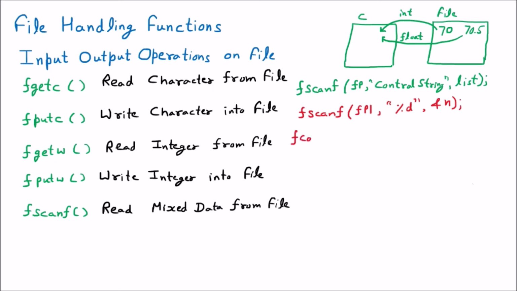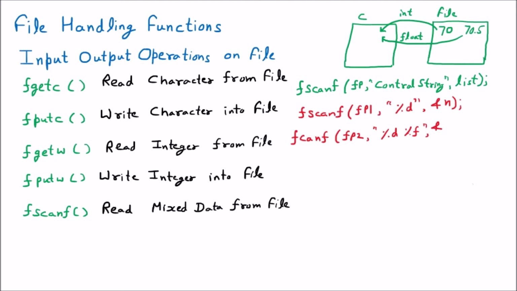We can say that fscanf fp2, supposing there is some other file, the above example I am taking, %d, then %f for the float value, comma, two values need to be there. That's why two we are taking.